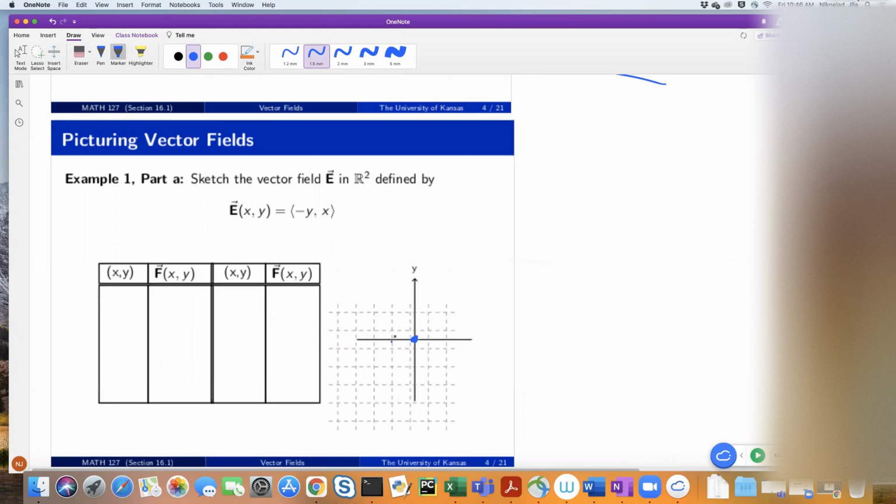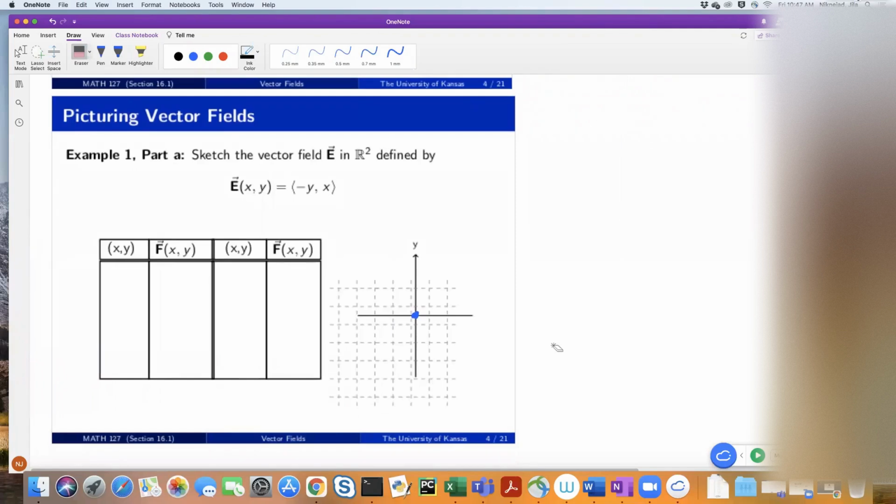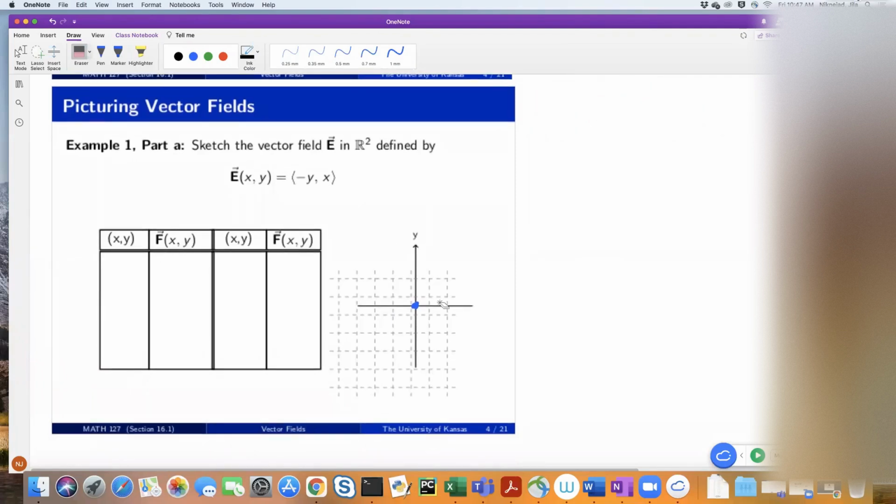So I would graph a vector with -1 and 0, which is this way, and all these different ones. And did I do it right? No, that's wrong. Sorry. You just find it, go to the point in the space, and then you draw the vectors. Sorry about that.